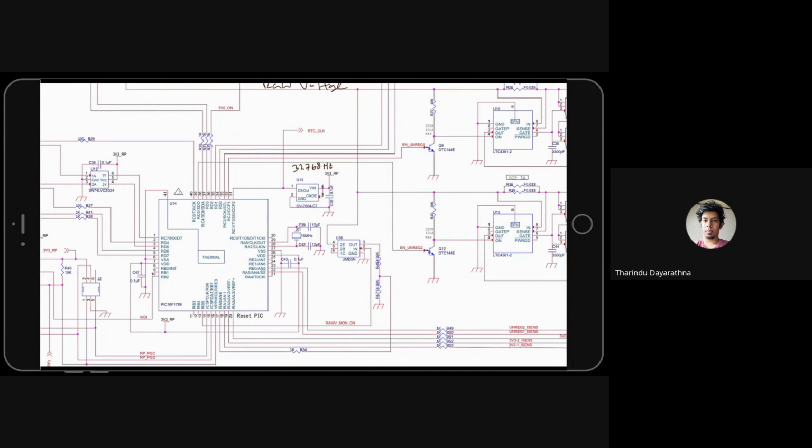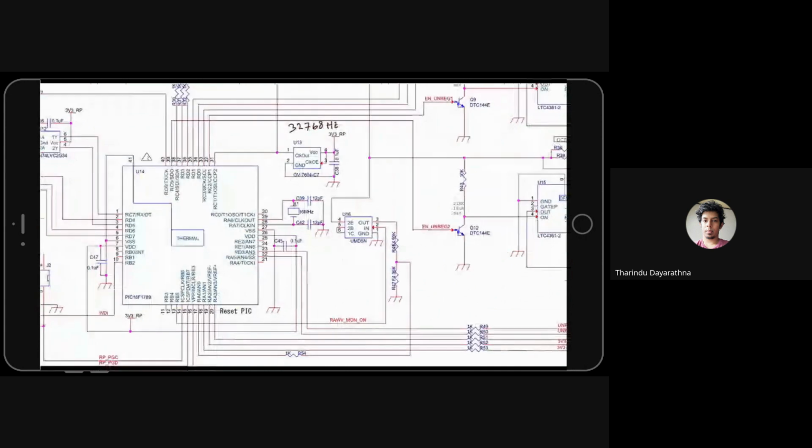Because of that, we connect it to a kind of buffer. When we want to measure only, we enable that buffer. So you can see raw voltage monitor on. If we make this pin high, you can see this voltage here.